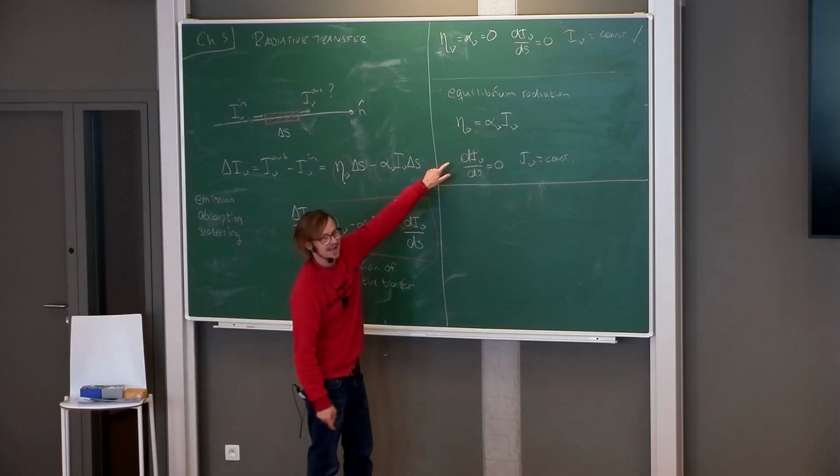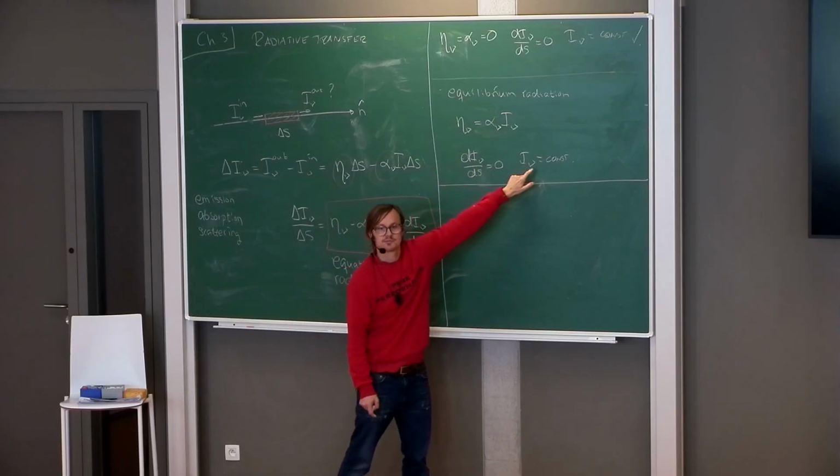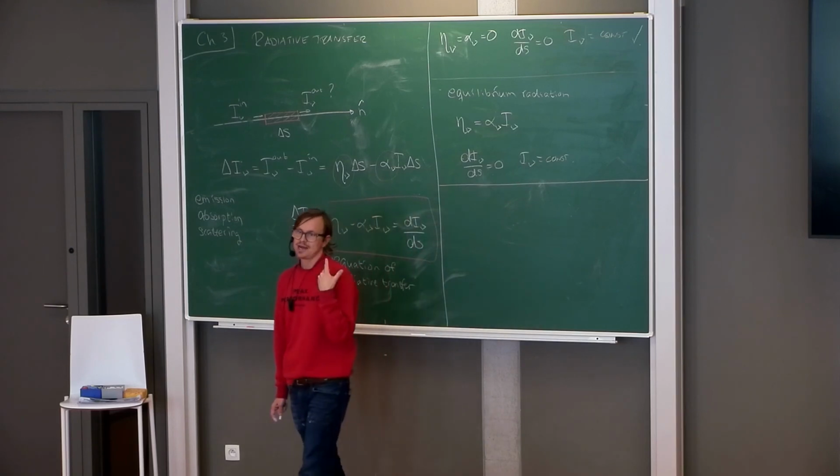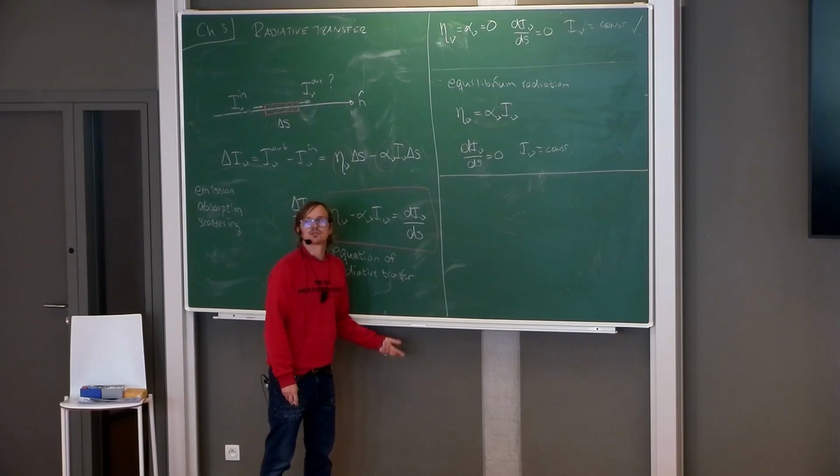Now, in this case, this is equilibrium radiation, and then the radiation field, specific intensity, is described by a very famous spectral shape function.